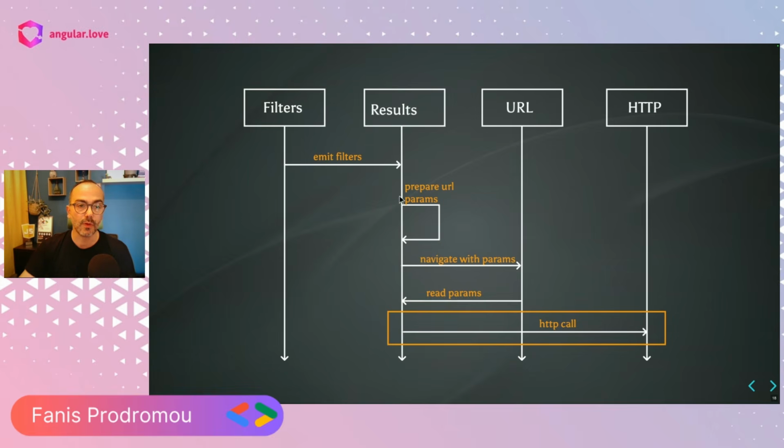I know that someone will say this step, prepare URL params and navigate, shouldn't be part of the results, it should be part of the container. I know, but the idea is still the same: we want to invoke the HTTP call based on the URL parameters.